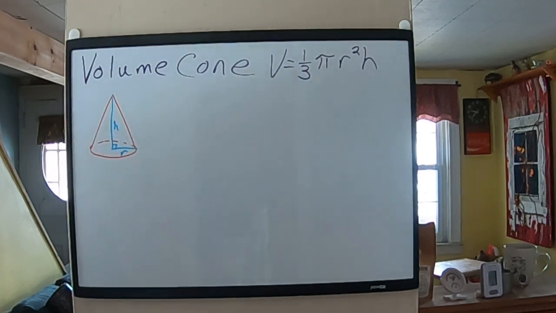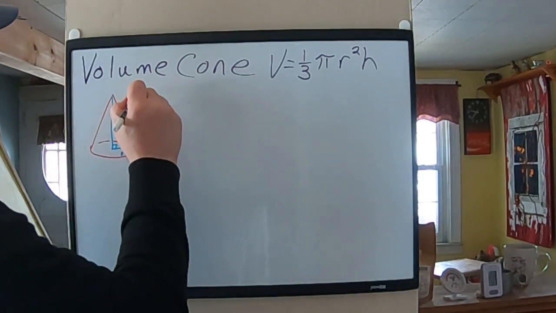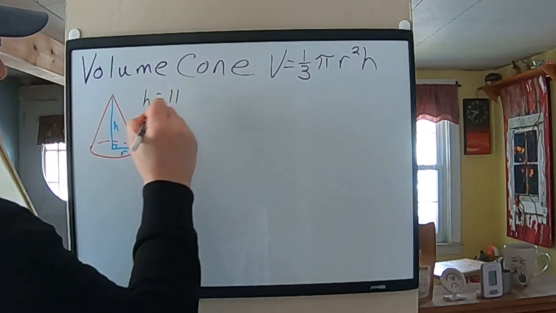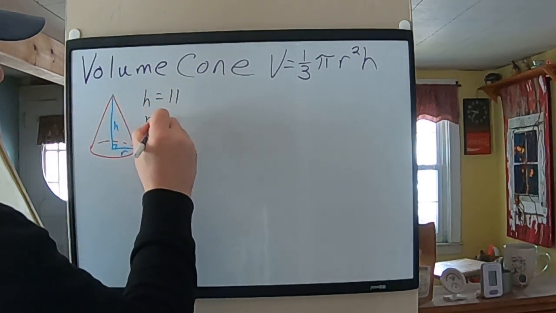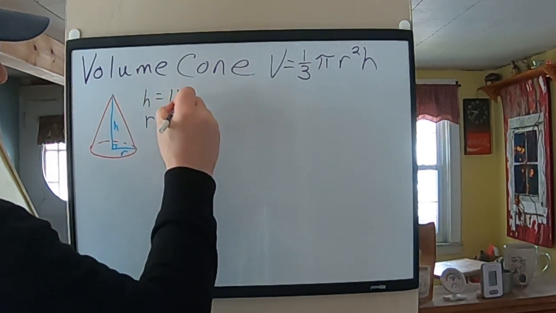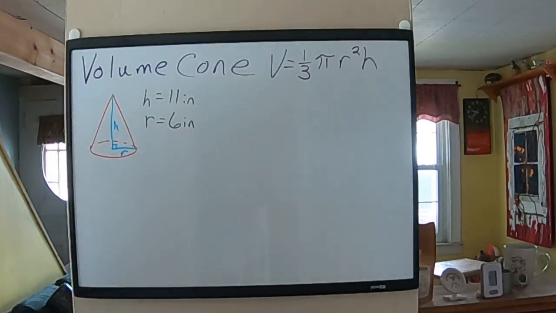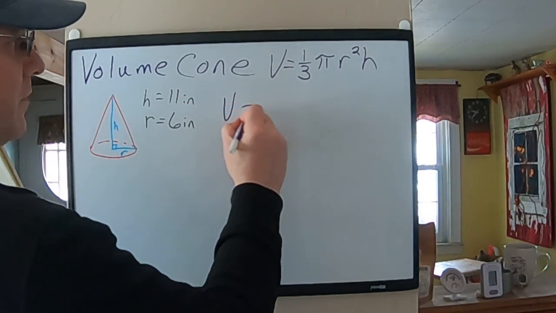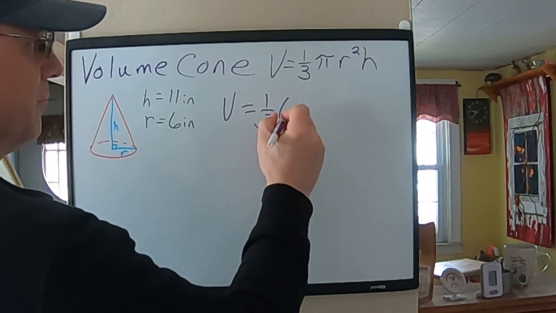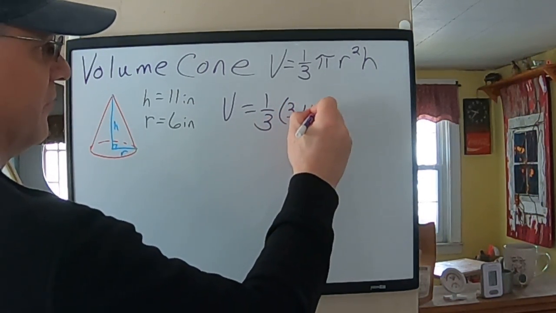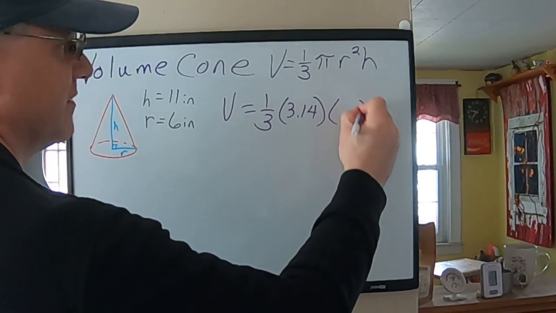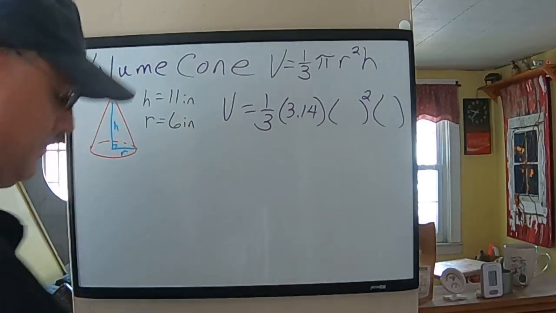Now, let's say that the radius is 6 and the height is 11. If the height is 11 and the radius is 6, let's call it inches this time, then our volume is 1/3 pi, 3.14, radius squared height.